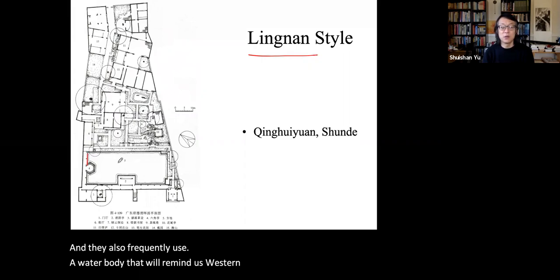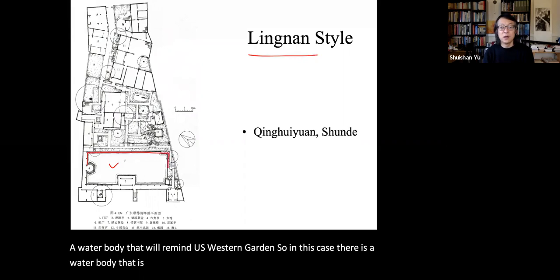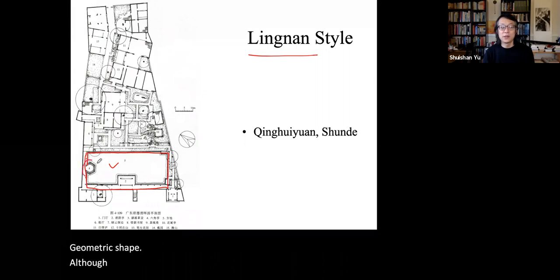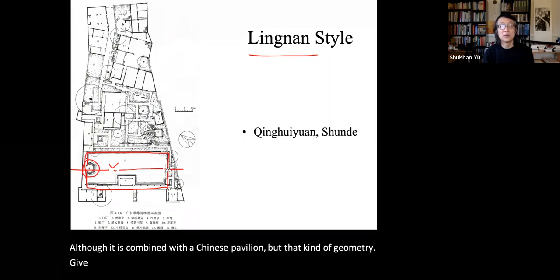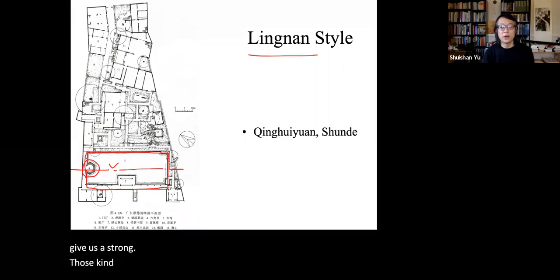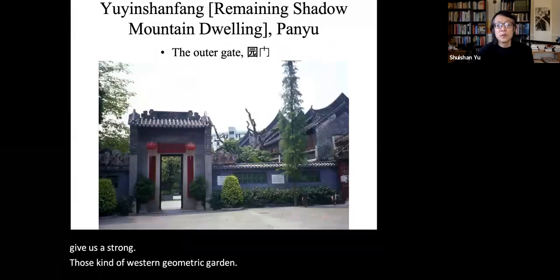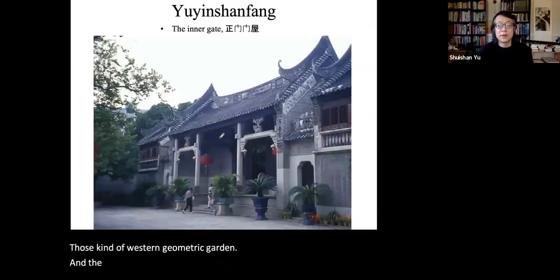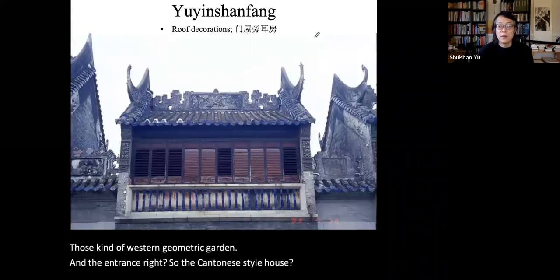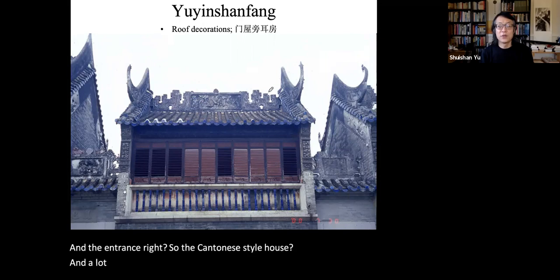So in this case, there's a water body in a geometric shape, although it is combined with a Chinese pavilion, that geometry gives us a strong feeling of Western geometric gardens. And the entrance, right? The Cantonese style house, with a lot of carving on the ridge.